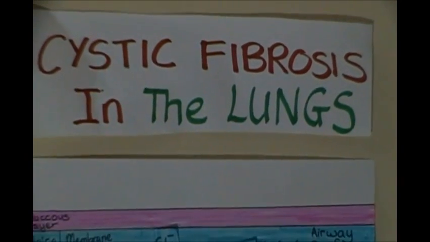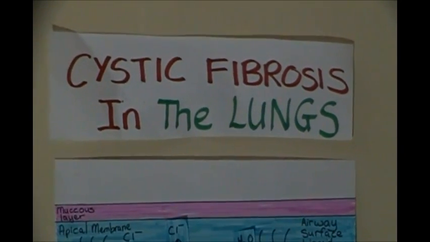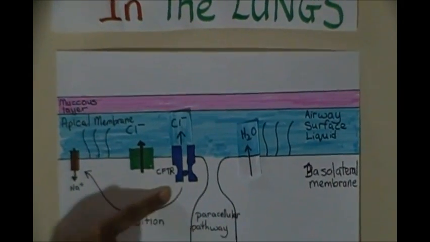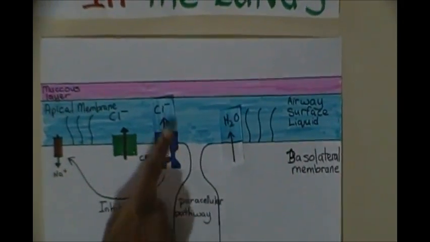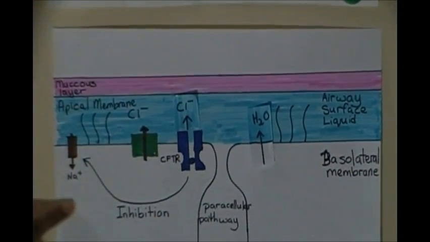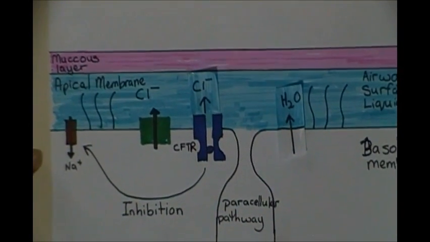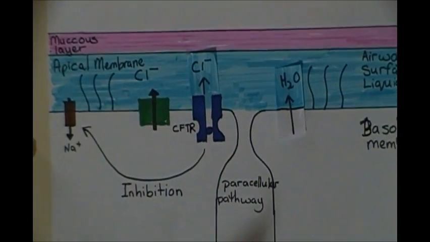Cystic fibrosis in the lungs. In healthy cells, CFTR acts as a chloride channel as well as a regulator of sodium by inhibition of the sodium channels.